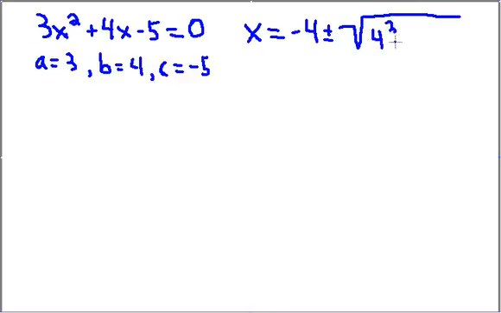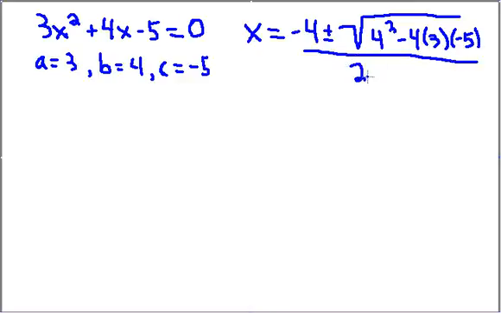B squared minus 4 times A, which is 3, times C, and C is minus 5. Then all of that is going to be over 2 times A, and A is 3. So here we have minus b plus or minus the square root of b squared minus 4ac all over 2a.